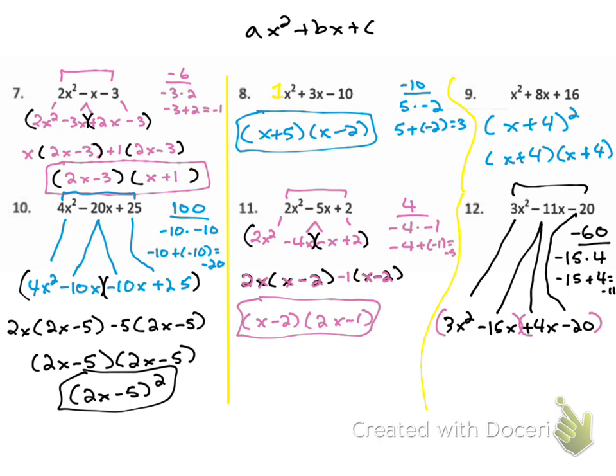GCF of that first group is 3x, and that leaves me with x minus 5. GCF of that second grouping is 4. Leaves me with x minus 5. So my answer there is x minus 5 times 3x plus 4. Okay.